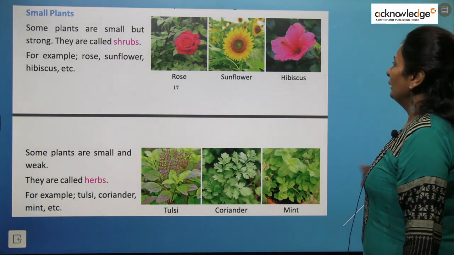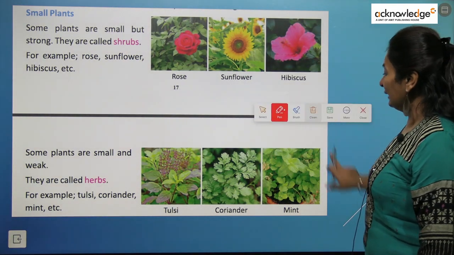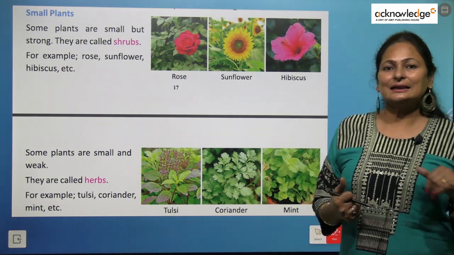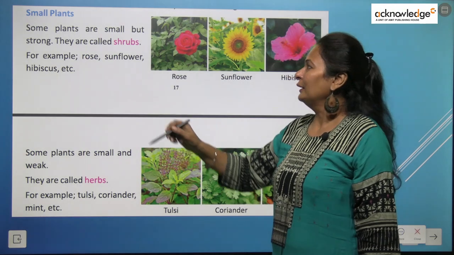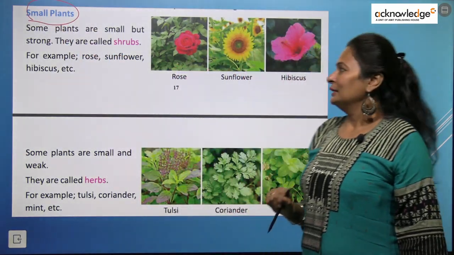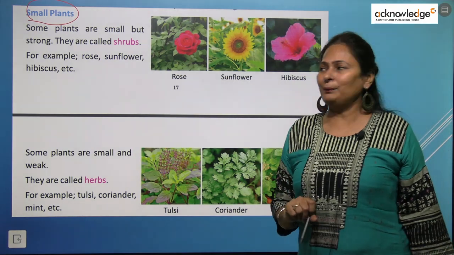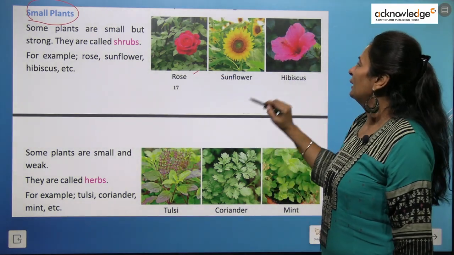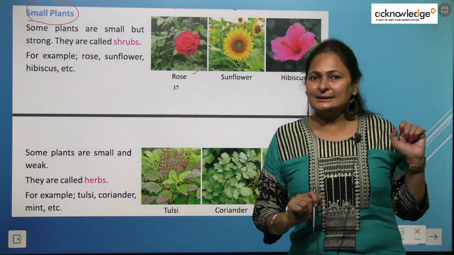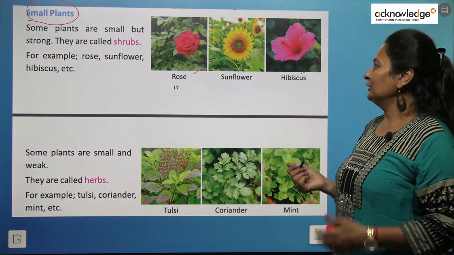Small plants. Now some plants are strong but not as big as trees, so we have kept them in the small plants group. Some common examples of small plants are rose, sunflower, and hibiscus. They have a woody stem and they are strong.